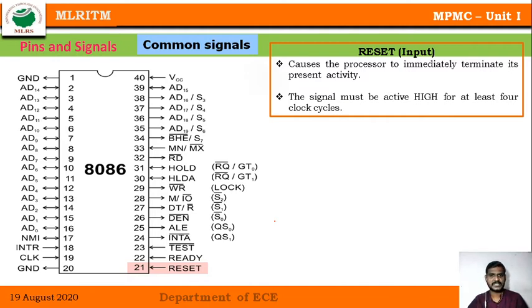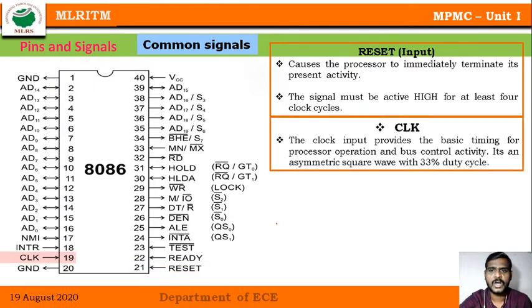Reset in the sense that they won't all go to the zero starting condition 0000. Some of the registers may start from 0, but the stack pointer and other segment registers will have their initial address locations. So whenever this particular pin is active high, all the registers and segment registers will go to that particular state.